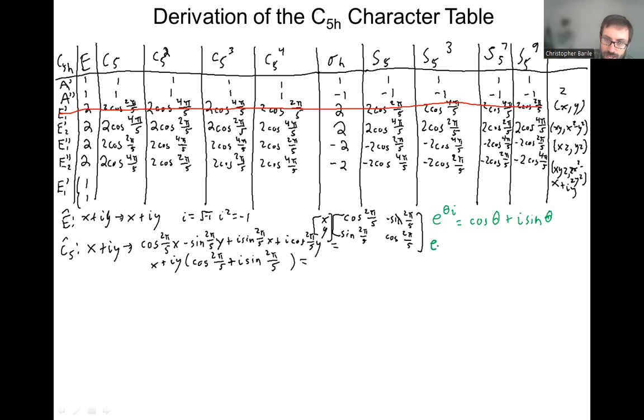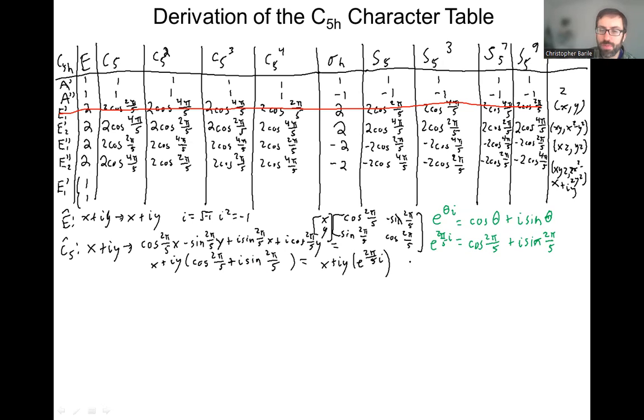And so e to the 2 pi over 5 i equals cosine 2 pi over 5 plus i sine 2 pi over 5. That is what we have factored out here. So in other words, x plus iy goes to x plus iy times e to the 2 pi over 5 i.